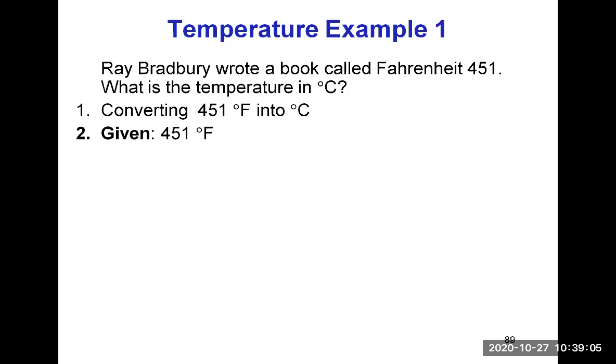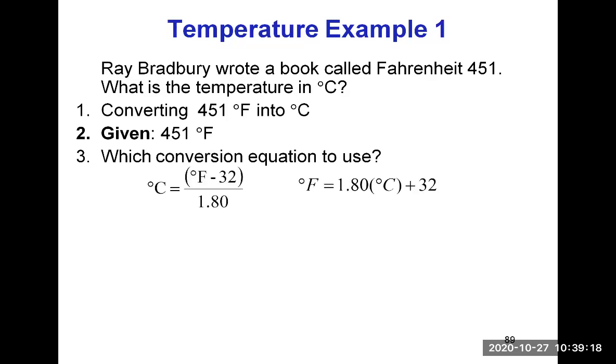So we need to find an equation that relates degrees Fahrenheit to degrees Celsius. Which conversion equation to use? You want to use the ones that have degrees Fahrenheit and degrees Celsius in them. And there are two of them. Degrees Celsius equals degrees Fahrenheit minus 32 over 1.80, or degrees Fahrenheit equals 1.80 times the degrees Celsius plus 32.